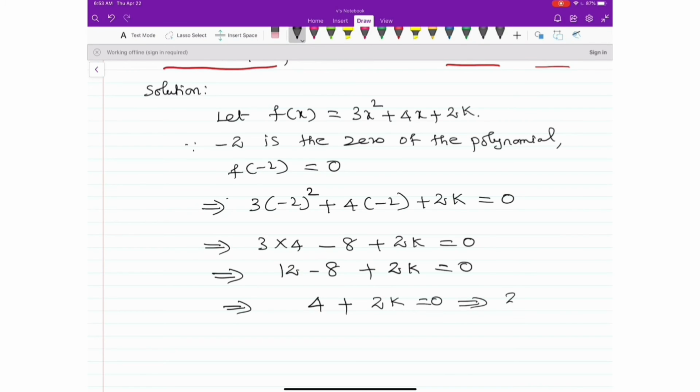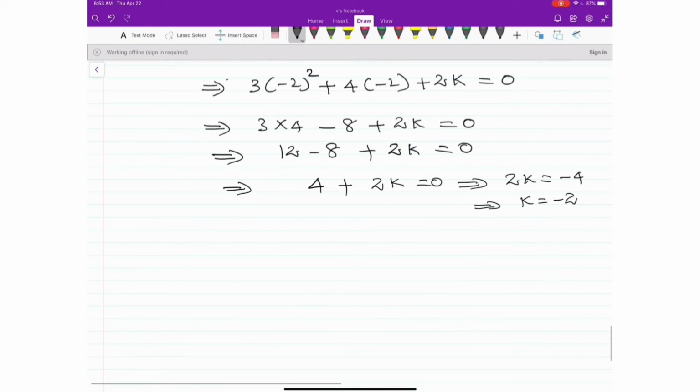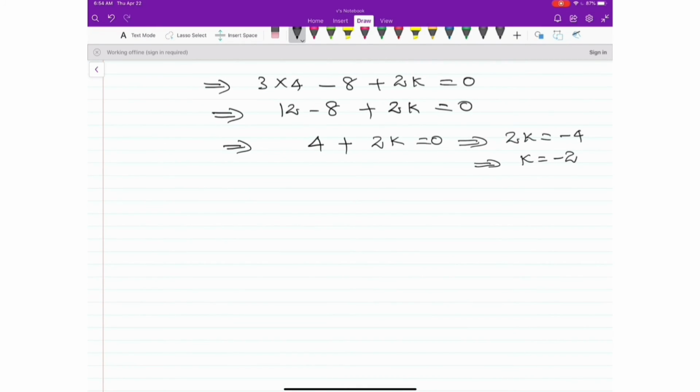That means 2k equal to minus 4, k is equal to minus 2. So, this is how you will find out the value of k when the 0 of the polynomial is given to you. So therefore, the value of k is equal to minus 2.